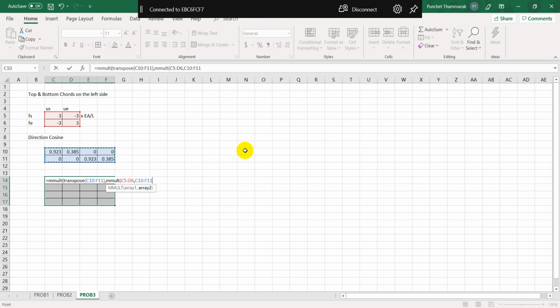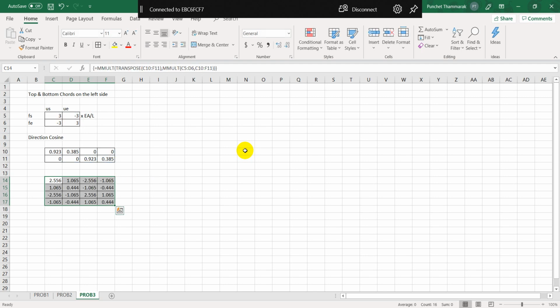Hey, this is switching around. It's got to take the 4/2, right? So 4/2. Okay, that is multiplied by EA over L.